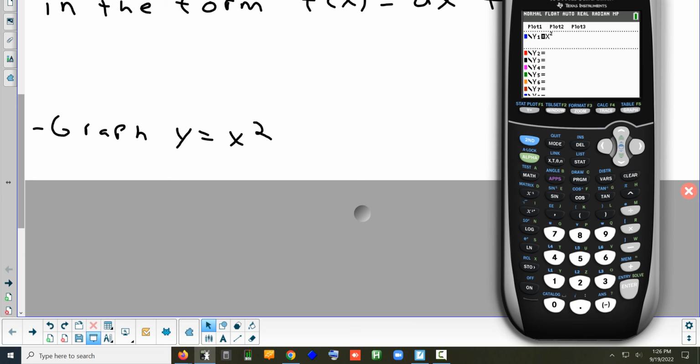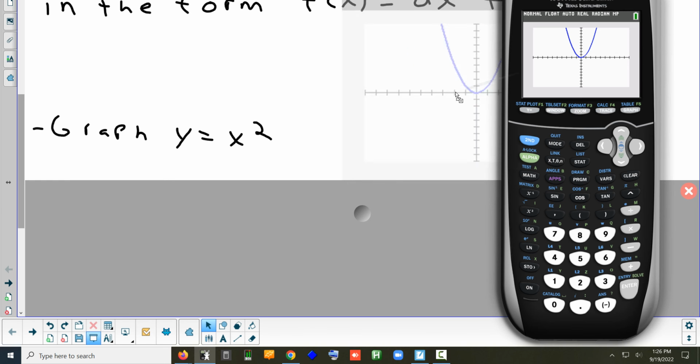Okay, before we hit graph, you always want to go to your window or go to your Zoom and just reset it in case somebody who used it changed it to something kind of weird. So let's go Zoom. And the one we always do is 6. Zoom 6 gives you a window from -10 to 10 on the X and on the Y. All right. Did people get a picture that looked like that?